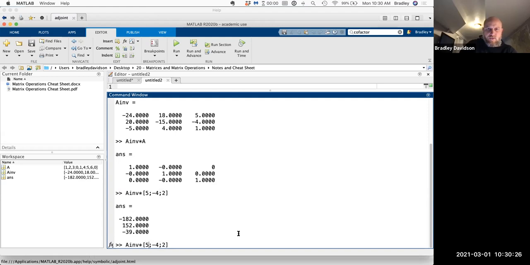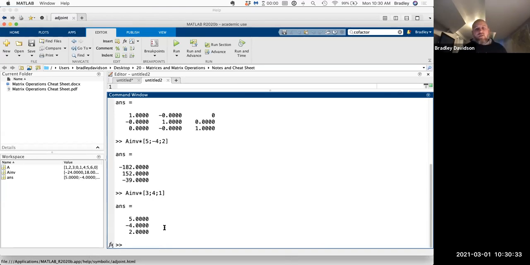Whoops, excuse me, this should be 3, 4, and 1, rather. There we go. So our B matrix is 3, 4, and 1, the column matrix. And so we get 5, negative 4, and 2, okay, which is our solution.